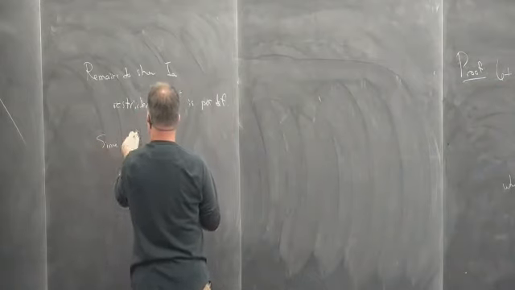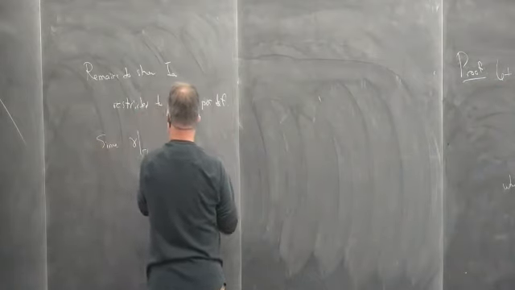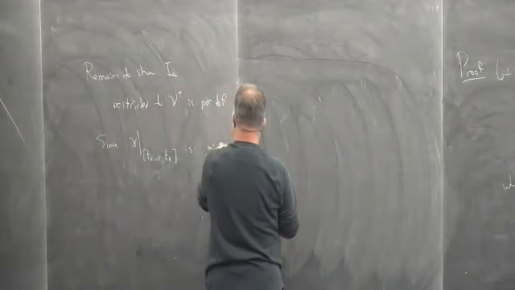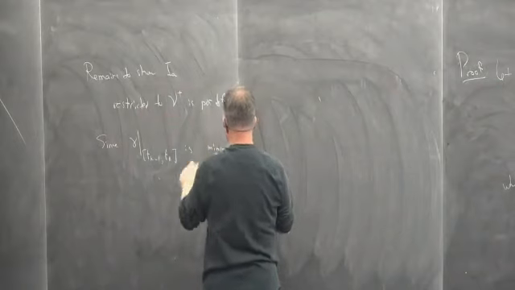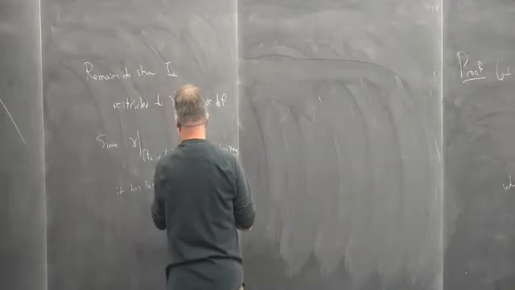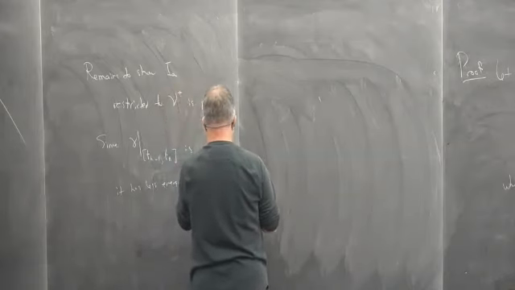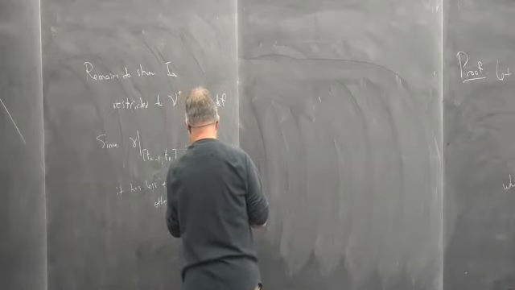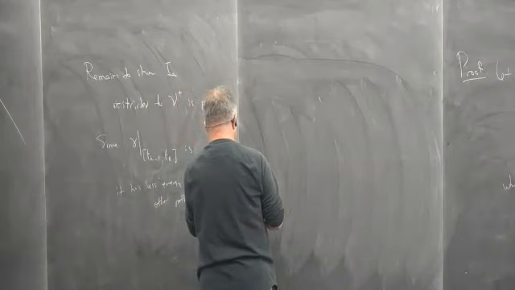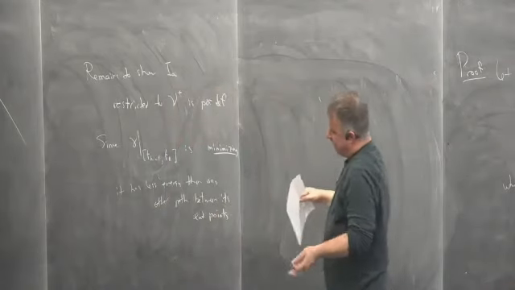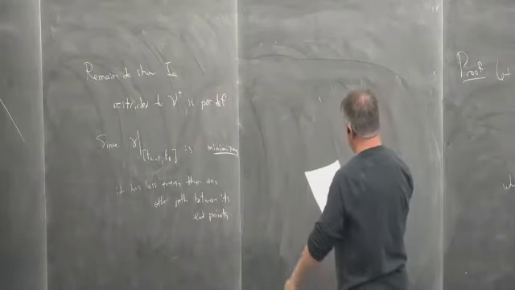So since gamma restricted to [t_{k-1}, t_k] is minimizing, it has less energy than any other path between its endpoints, because remember, for geodesics, those are parameterized proportionally to arc length. Minimizing the energy is the same as minimizing the length.